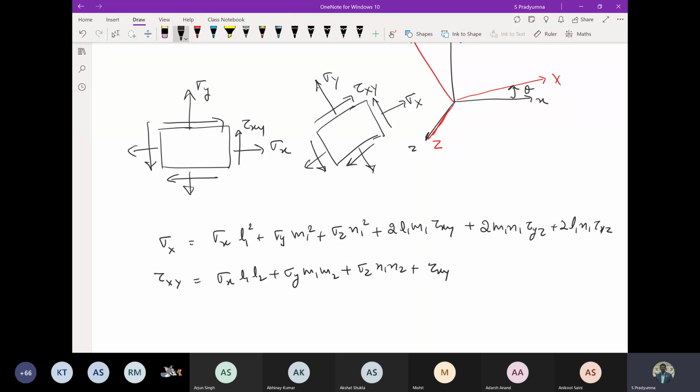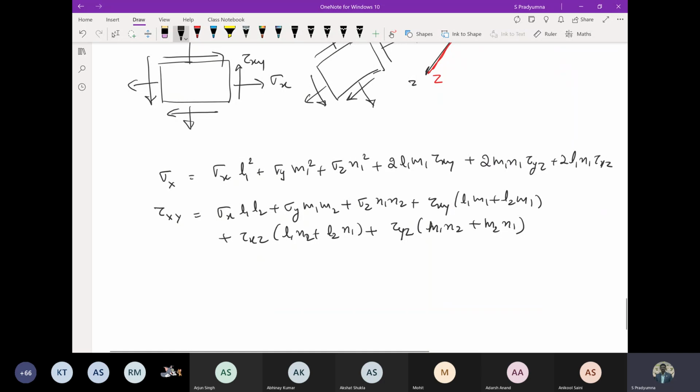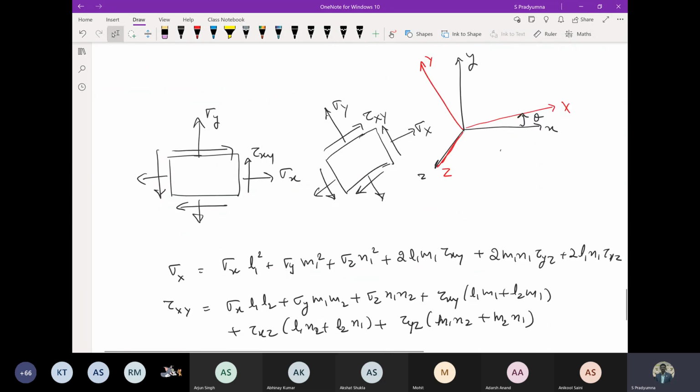Tau xy (L1 M2 plus L2 M1) plus tau xz (L1 N2 plus L2 N1) plus tau yz (M1 N2 plus M2 N1). Now, in the plane stress problem, what we are considering, we can look into this equation.